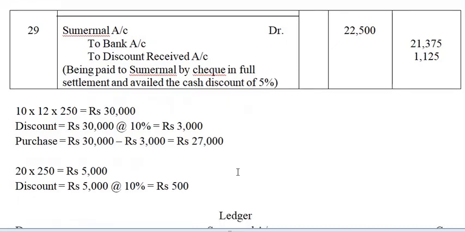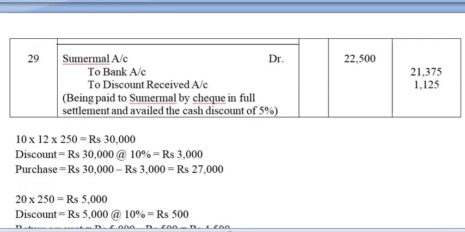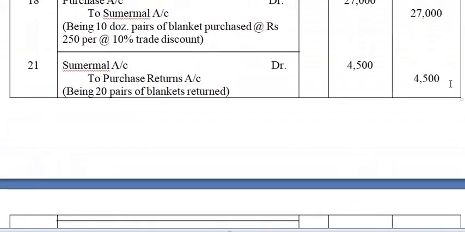So the return amount equals rupees 5,000 minus rupees 500 equals rupees 4,500. So this is how we got 4,500. You just have to worry about this trade discount, when to charge it and when to include it. Please be careful about that.